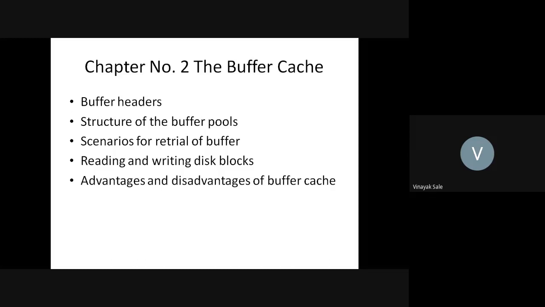The syllabus of this chapter is buffer header, structure of the buffer pools, scenarios for retrieval of a buffer, reading and writing disk blocks, and the last point, advantages and disadvantages of buffer cache.